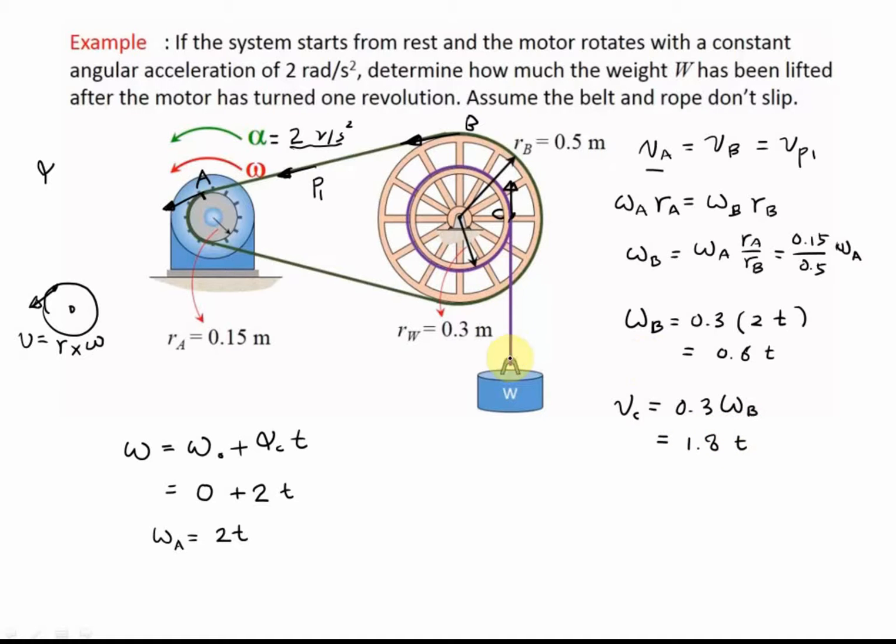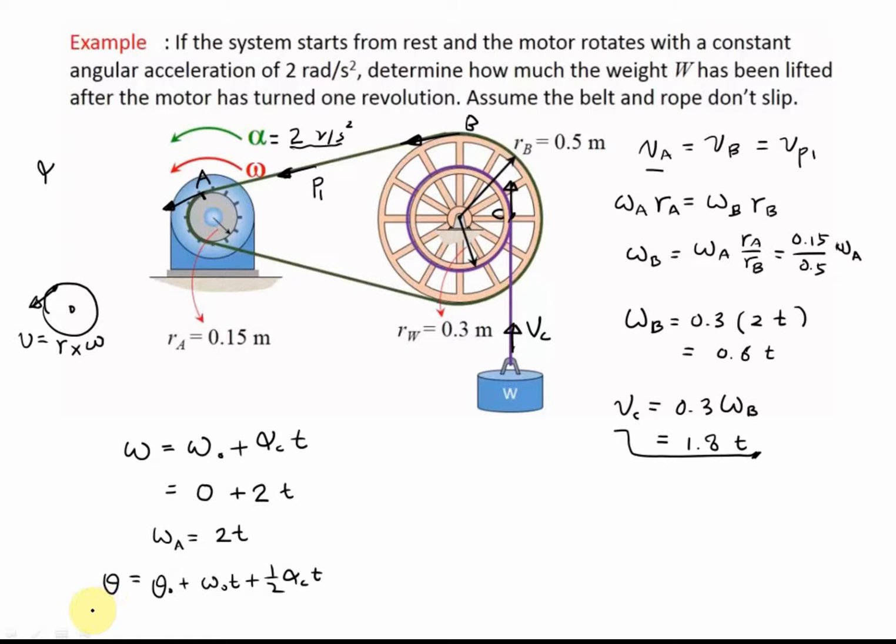Now the velocity of C is the same as the velocity of the weight being pulled. So we have this information. Let's calculate how much time it took for this motor to turn one revolution. We know the kinematic equations for rotational motion.